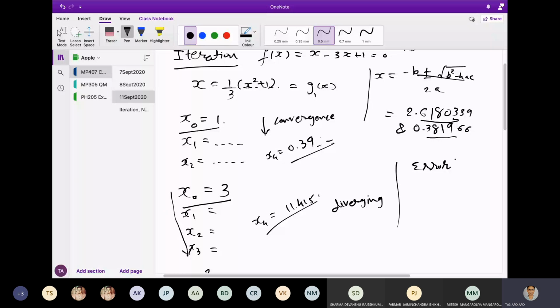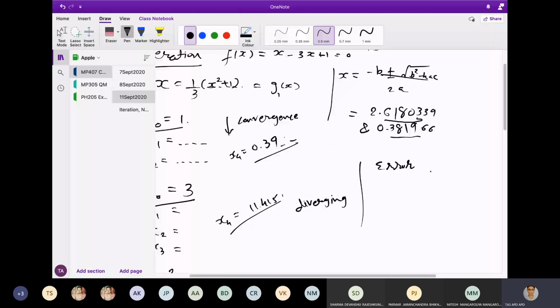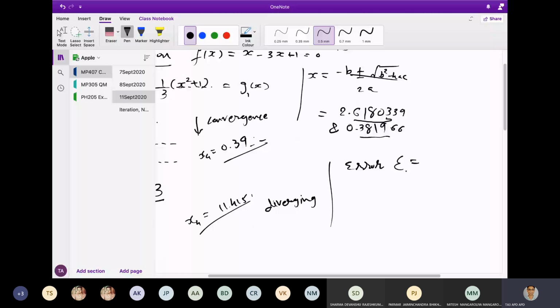So you know this, your error is the true error. True error is your true value minus the approximate, or the numerical value, whatever you obtain, divided by the true value. So that will give you the error.